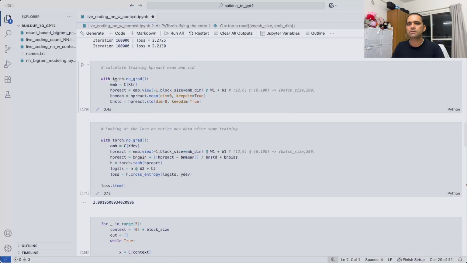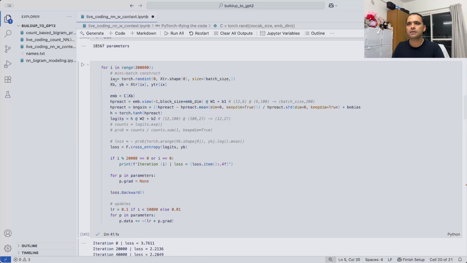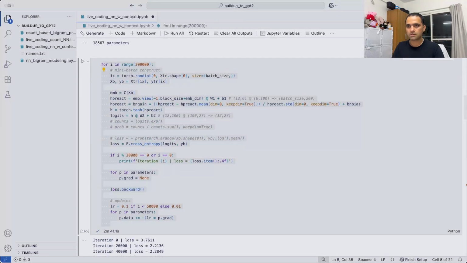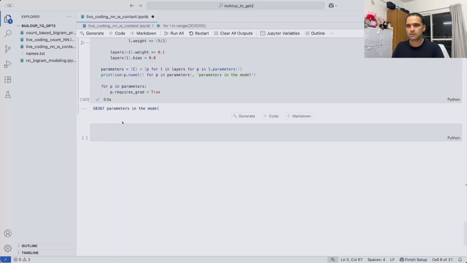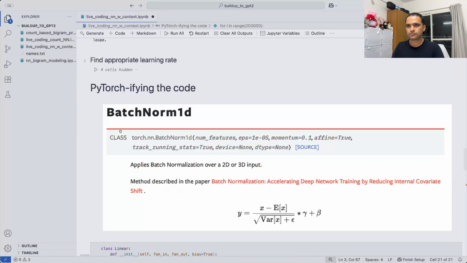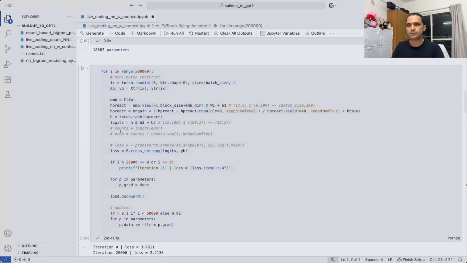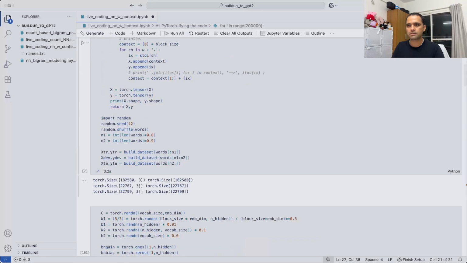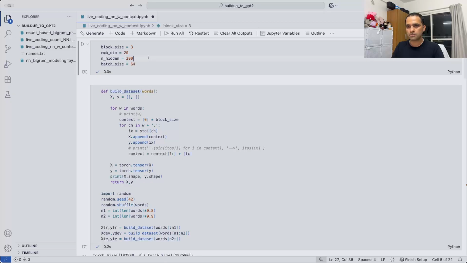Let's copy this from here directly. And also the hyperparameters. Where did it go?